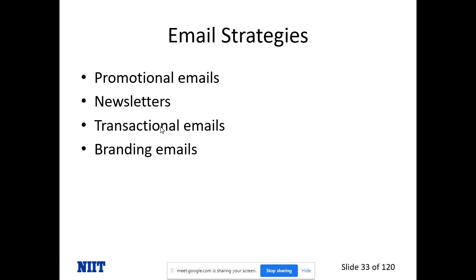Transactional emails should prompt the user for a transaction, like a subscription, sign up, sign in, or buy now. A newsletter is basically what you send monthly or weekly to someone who has signed up for it. Promotional emails can be for a specific product.